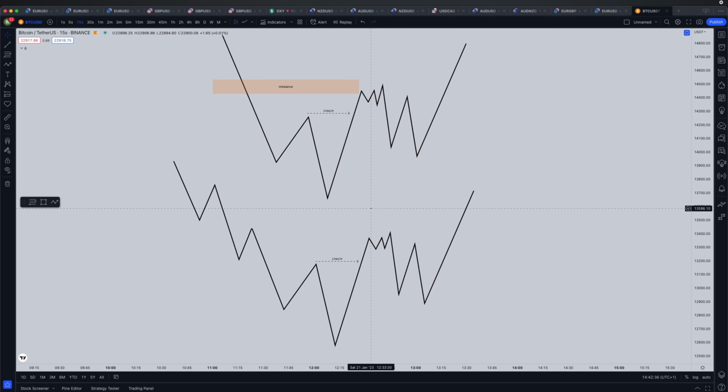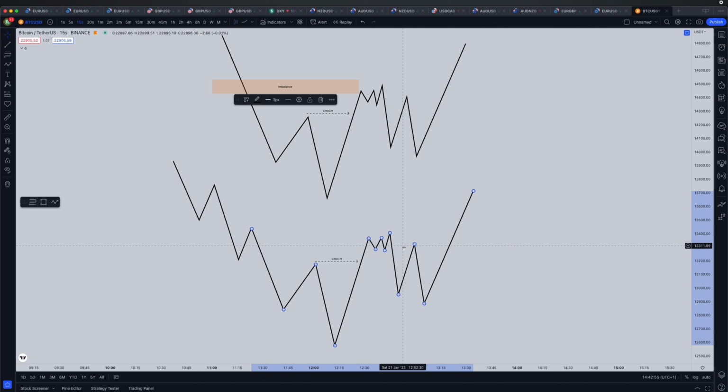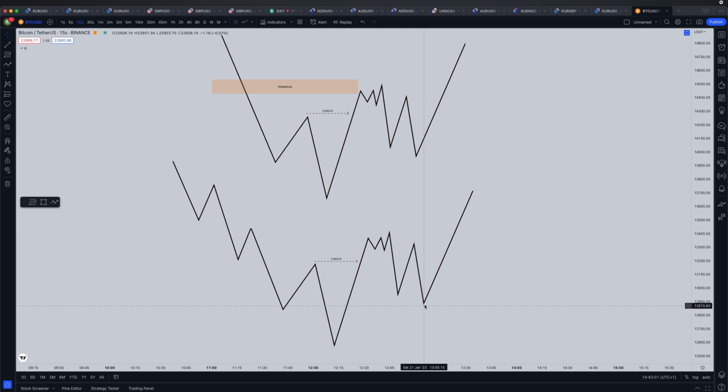And second, we have our change of character, and we break the downtrend. So when we break the downtrend, the distribution is not in a valid supply zone, and we have a big likelihood that the distribution will fail, and we start an uptrend, and the distribution will turn into a reaccumulation.